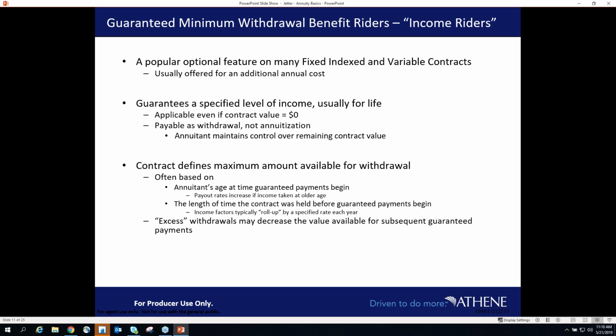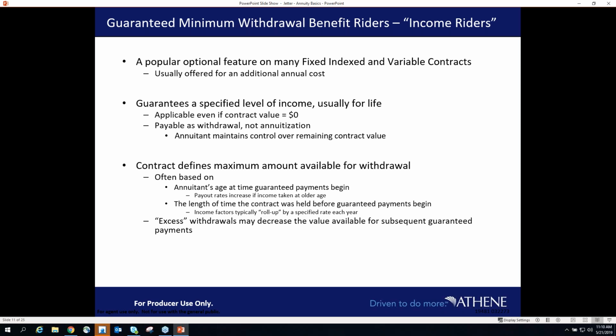The contract defines the maximum amount available for withdrawal, often based on the annuitant's age at the time the guaranteed payments begin. Generally speaking, payout rates increase if income is taken at an older age. Also important is the length of time the contract was held before guaranteed income payments begin. Income factors typically roll up at a specified rate each year.